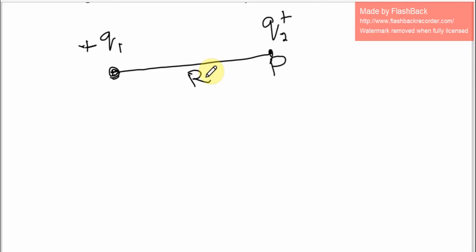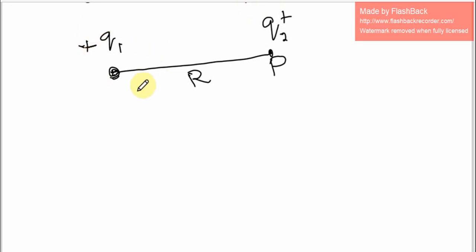So now let's work this out in detail. How much work do I have to do for all this? Well, we first put Q1 here. The space is empty. Just imagine this charge only.